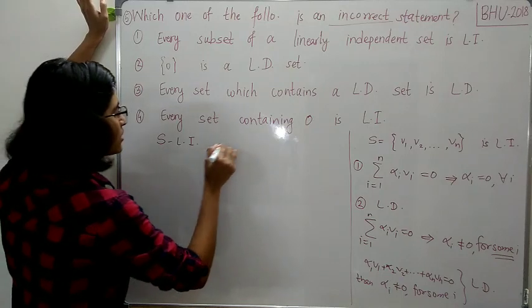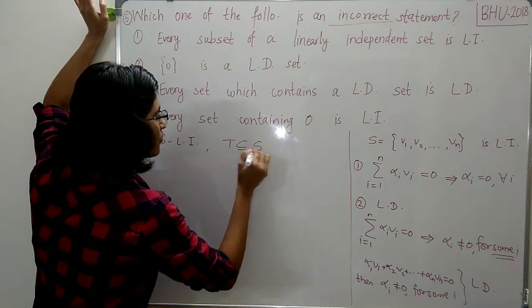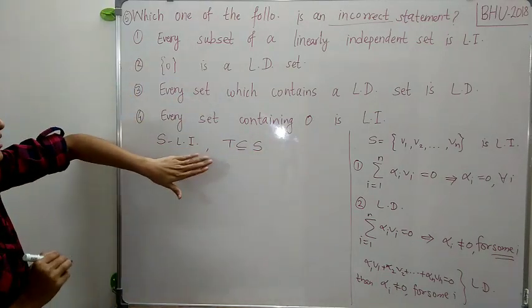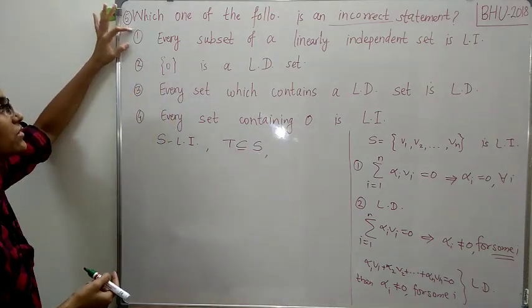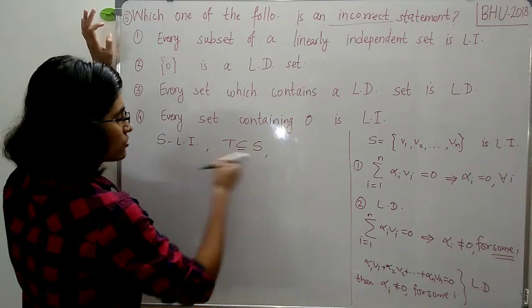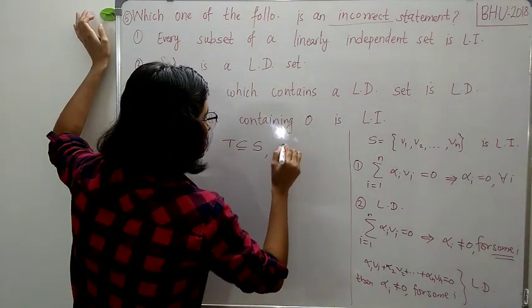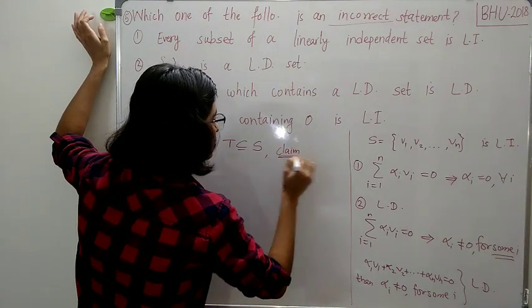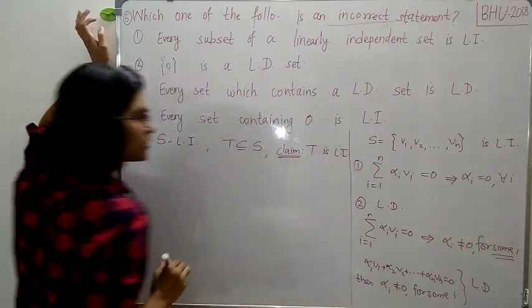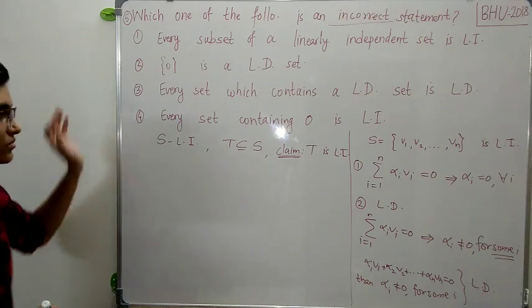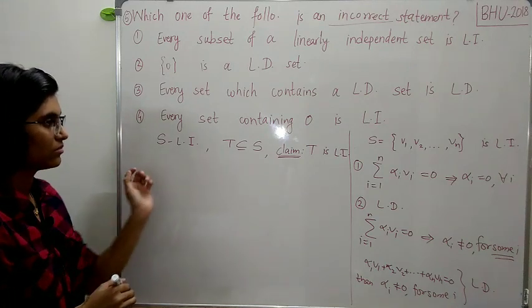So take T a subset of S, and we need to show that this T is linearly independent. By the way, this is a correct statement. My claim is to prove that this T is linearly independent. So let us prove this.